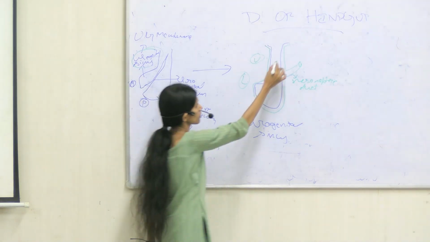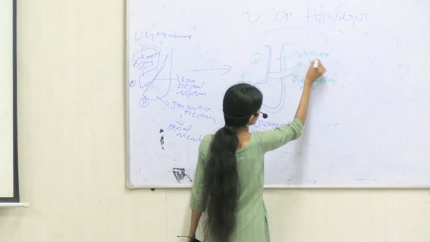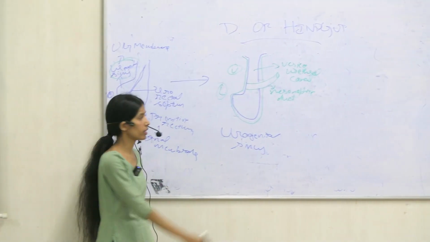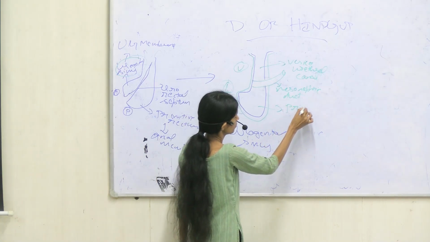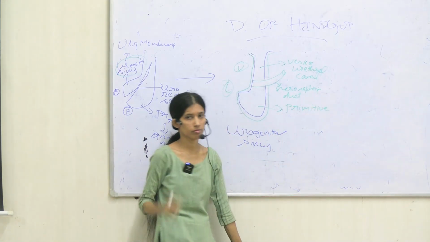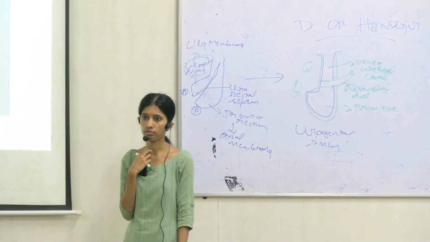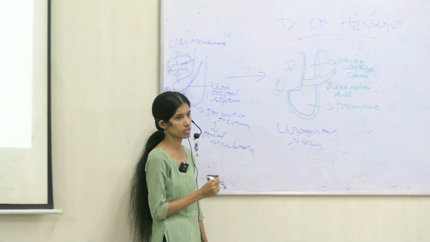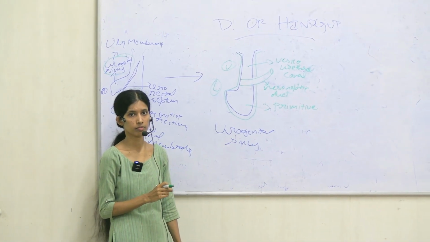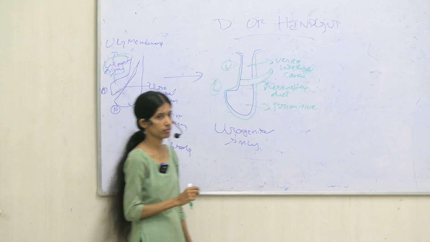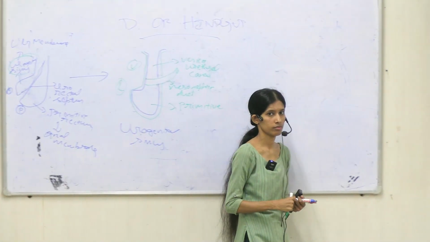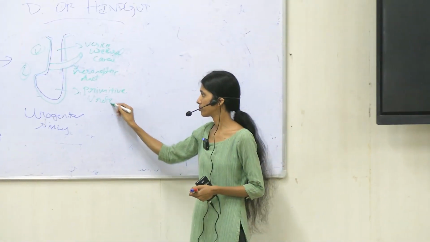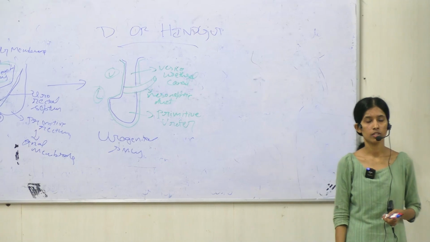The upper part is called vesico-urethral canal, and the lower part is called primitive urethra.